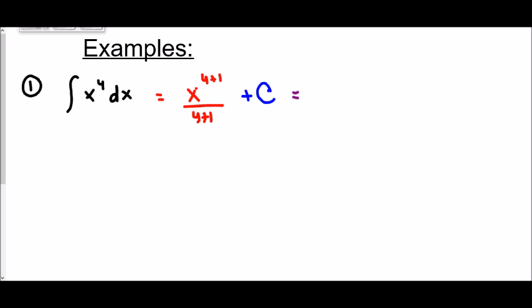You can just add those numbers and write x to the 5th over 5 plus C. Or x to the 5th over 5 is the same thing as writing 1/5 in the front, x to the 5th off to the side, plus C. So all 3 of these answers are equivalent. Either one of these that you want to write is fine. Just know that it can be written both ways because sometimes on multiple choice they write it both ways.